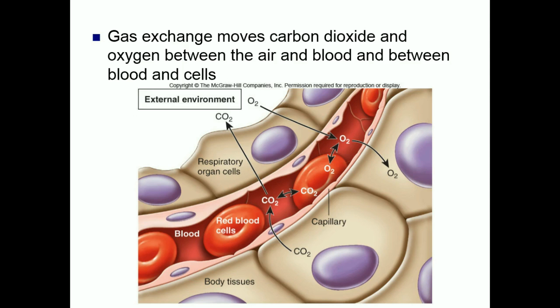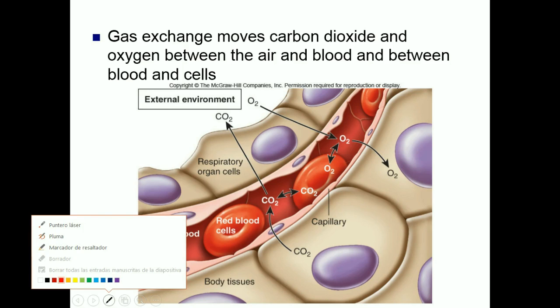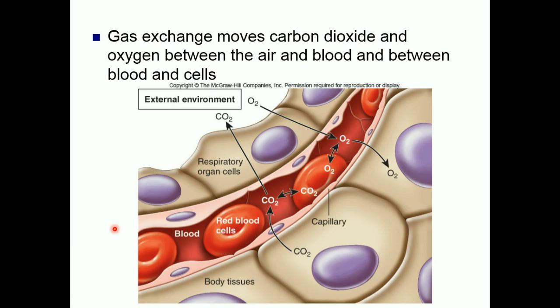So here we can see a hypothetical respiratory surface with respiratory organ cells up here, and I'm just going to activate a pointer that makes it easier to see. Alright, so these are respiratory organ cells that are generally fairly thin. Then on the inside we have our blood vessels.